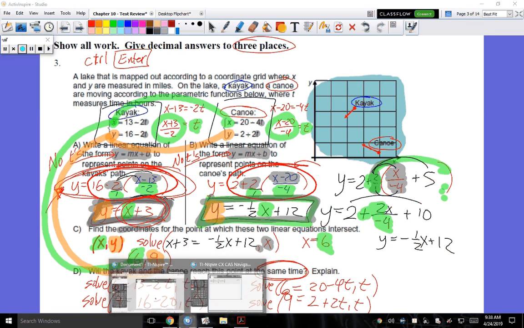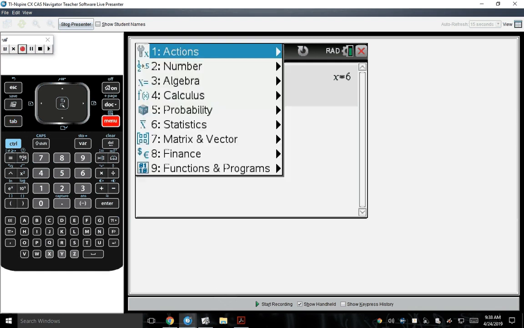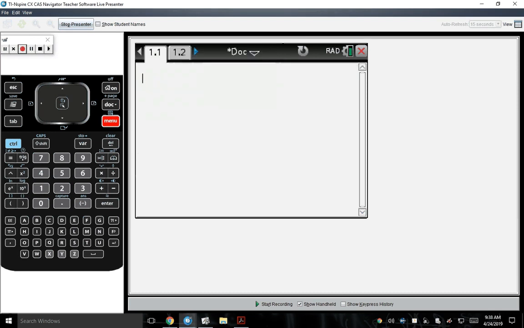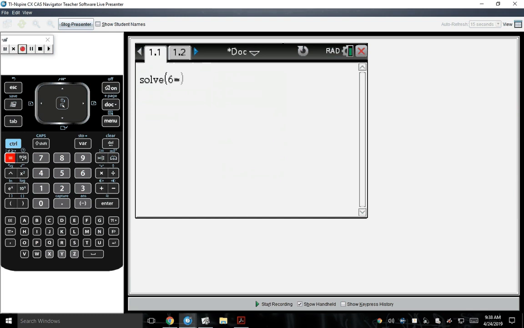Punching these into our calculator, we're going to enter the following equations to make sure it does in fact give us the same times. For those four equations, menu 1.5 gives a nice cleared screen. We press menu 3.1, 6 is equal to 13 minus 2t, comma t.